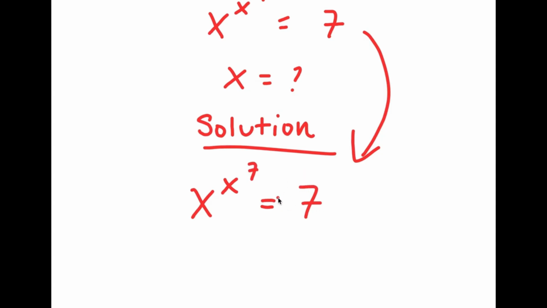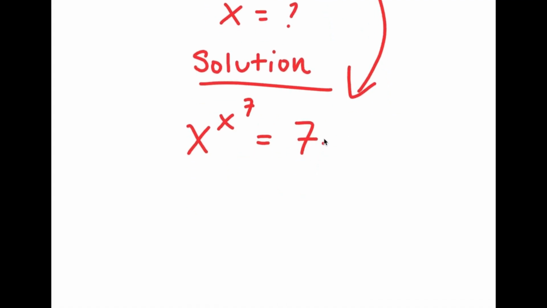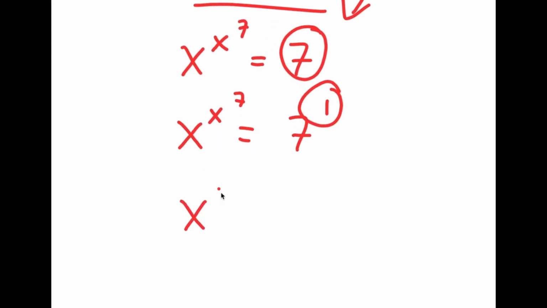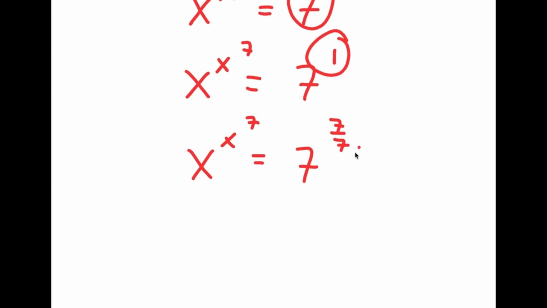Now what I'm going to do is, for the 7 here, this is the same thing as 7 to the power of 1, right? And 1, I can rewrite as 7 over 7, because any number over itself is equal to 1.